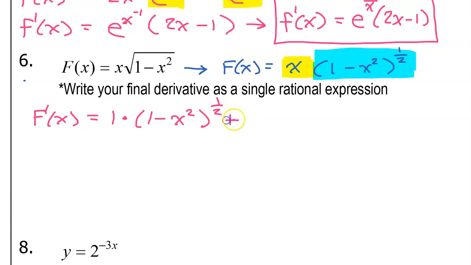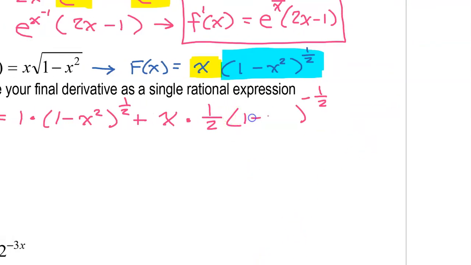And then I put a plus. The second time through, I leave the first factor alone. And I take the derivative of the second factor. So this 1/2 is going to come to the front. So I'll just put it right here for now. And I have to reduce this power by 1. So this will become negative 1/2.